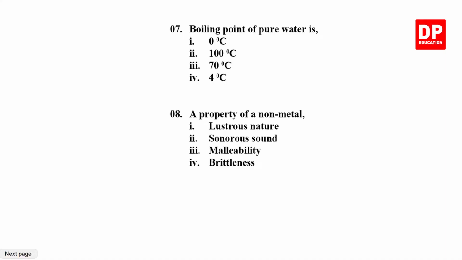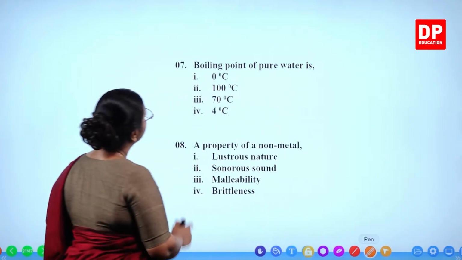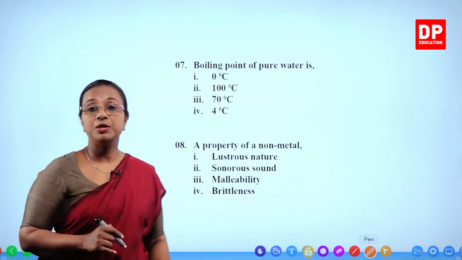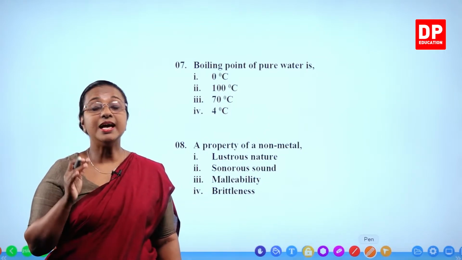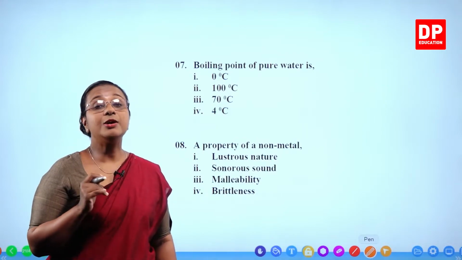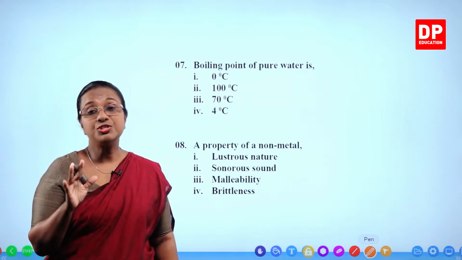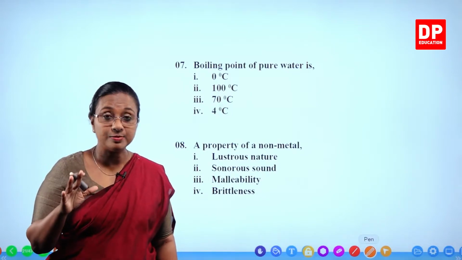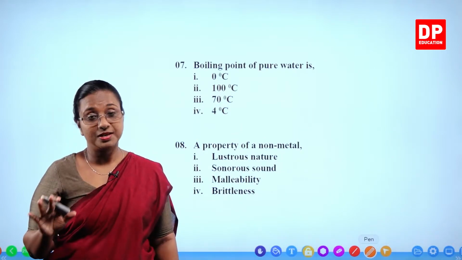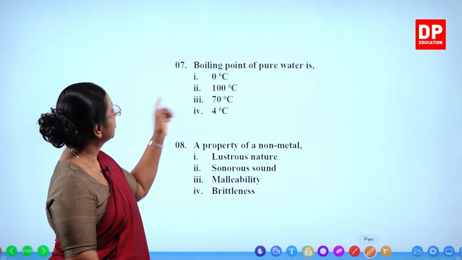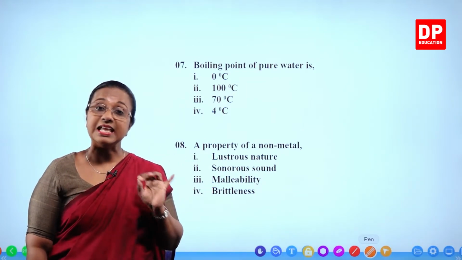Question number 7. So the question is boiling point of pure water. What is boiling point? The temperature at which the liquid turns into a gas without changing in temperature while heat is being provided and under standard atmospheric pressure. That's very important. So you have to remember, students, boiling point, melting point and density.